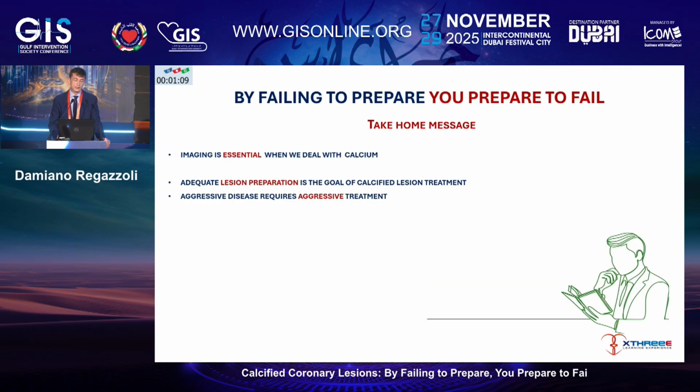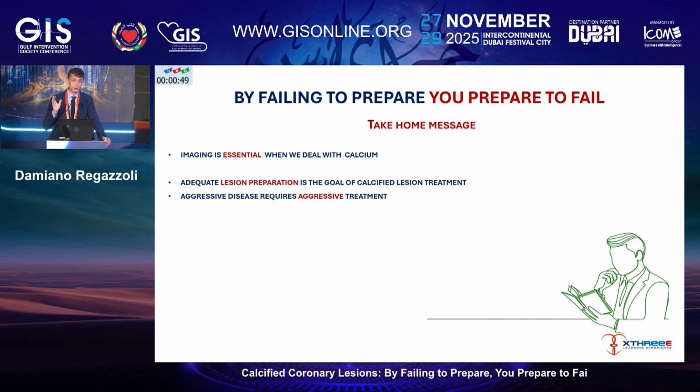So the bottom line of this presentation is that imaging is essential when we have to tackle calcific lesions, and Jacopo will show us in the next presentation all about images, especially IVUS, in order to identify and characterize calcific lesions.